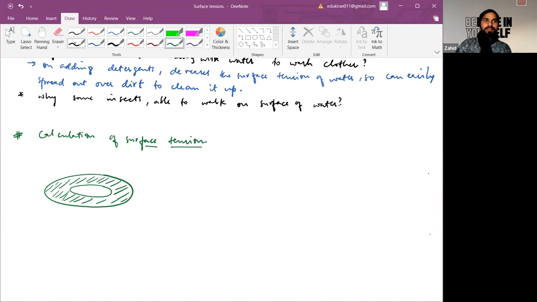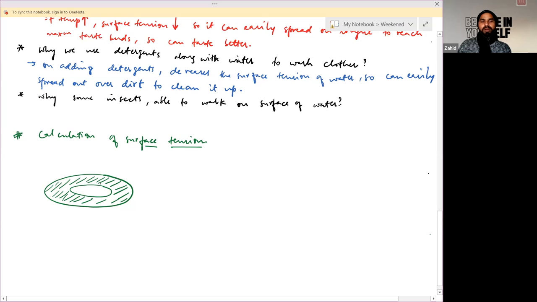Okay. Suppose there is a hollow disk, which means the inner radius is small r and the outer radius is capital R, and it is placed over a liquid.